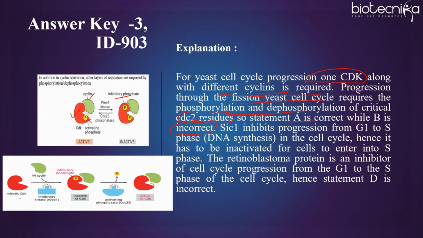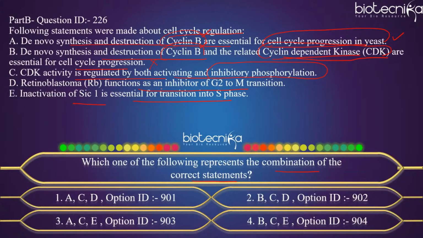If you see here, the mitotic CDK along with M cyclin, when Wee1 is present, it is an inhibitory kinase and will add the inhibitory phosphate. But when CDC25 is present, it is a phosphatase, so it will remove this inhibitory phosphate and give the active M-CDK. The next statement, CDK activity is regulated by both activating and inhibitory phosphorylation. Through the figure, we understood that option C is correct.